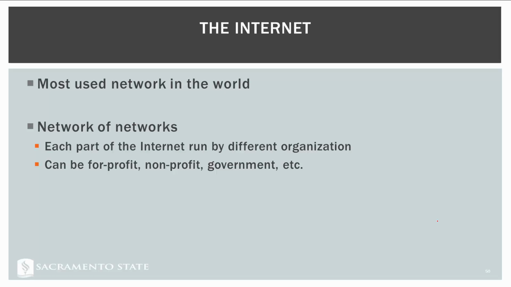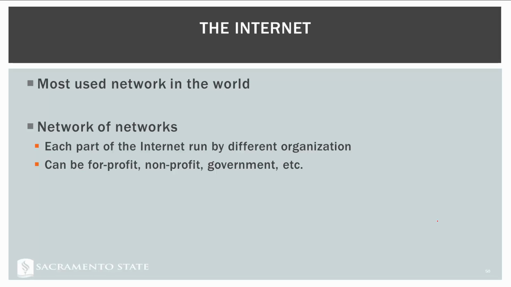All right, let's now define the internet. The internet is by far the most used network in the world. It is an internetwork. An internetwork is a network of networks. It means we have networks that are connected together.